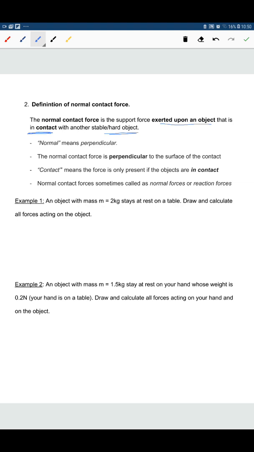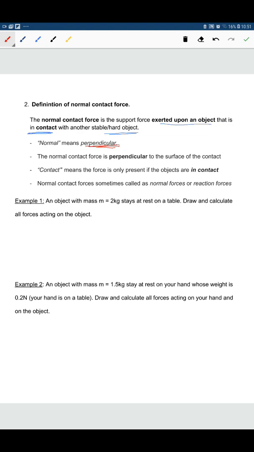Normal contact force is everywhere. We just don't notice it or we ignore it. So normal in this definition doesn't have anything to do with abnormal or extraordinary. It just means perpendicular.